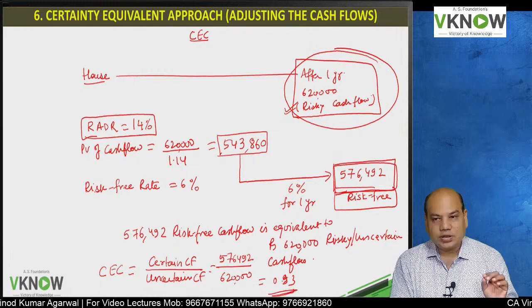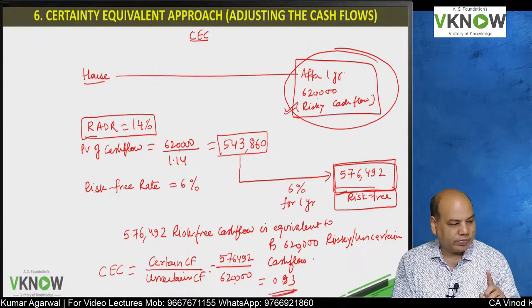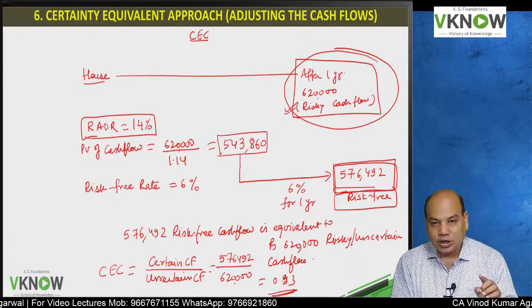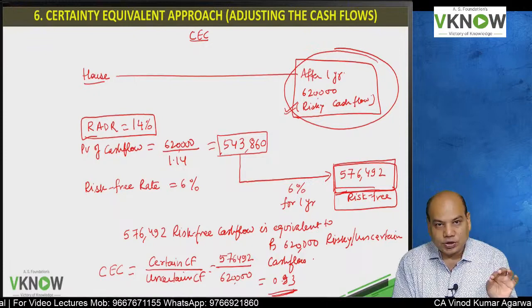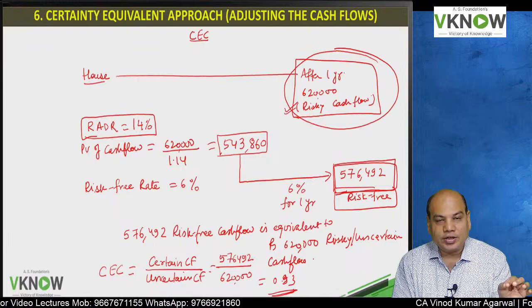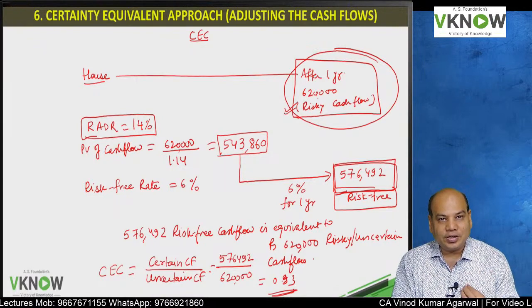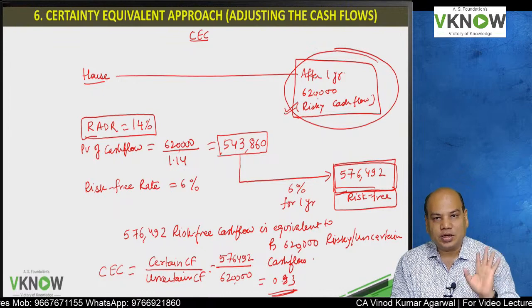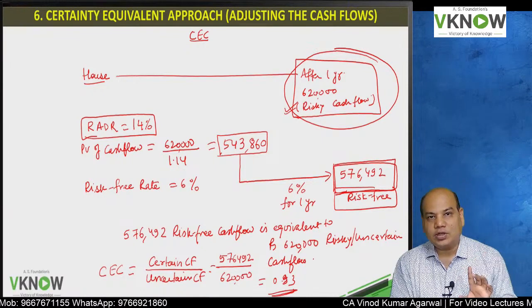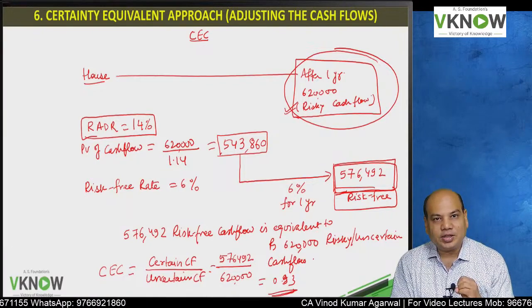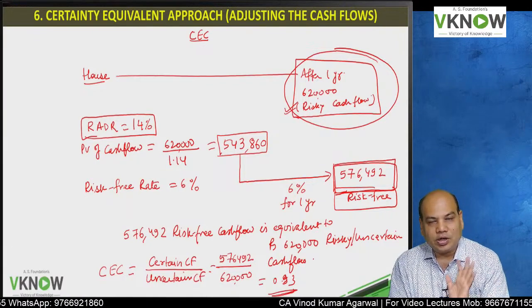So what is the interpretation of 0.93? If uncertain cash flow is rupee 1, its equivalent certain cash flow is 0.93. Management is willing to accept 0.93 against 1 rupee risky cash flow, if the risk element is removed.